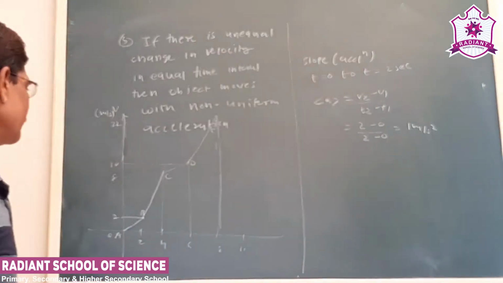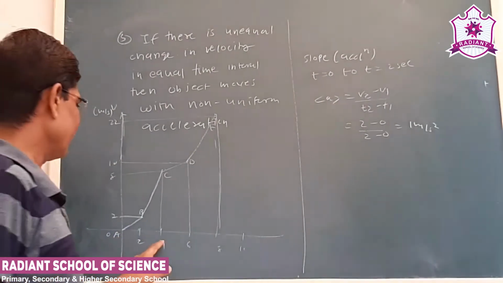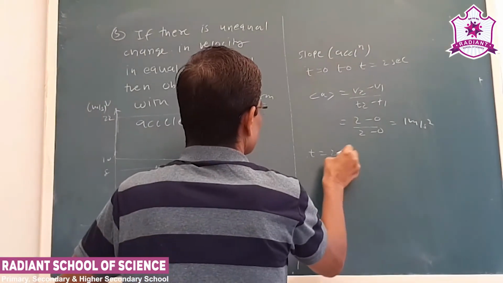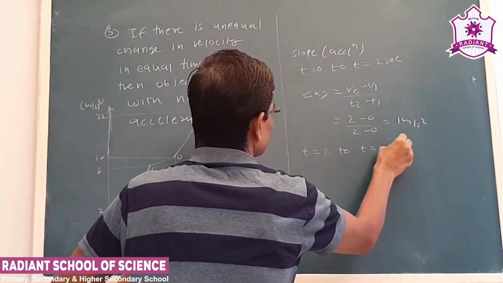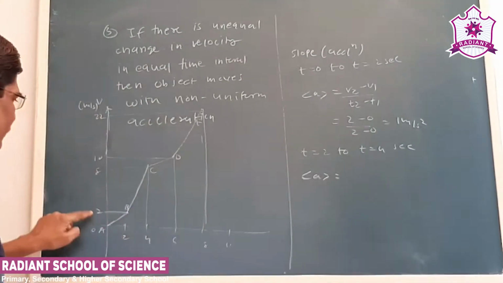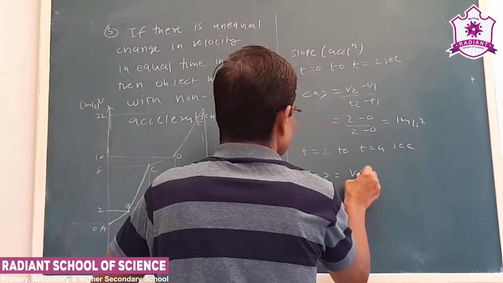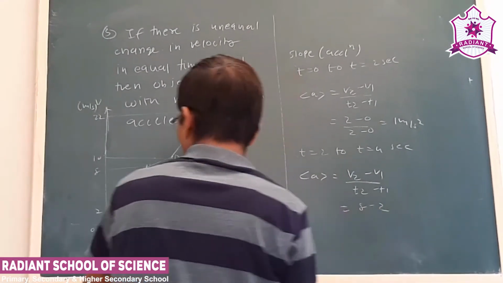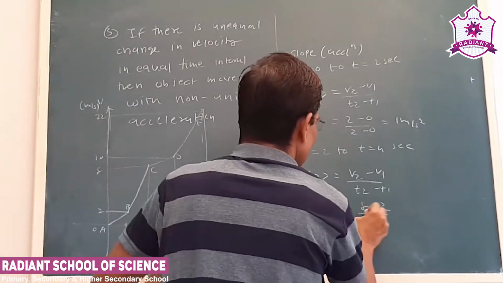Now suppose we find it between 2 to 4 seconds; then average acceleration is 8 minus 2 upon 4 minus 2.